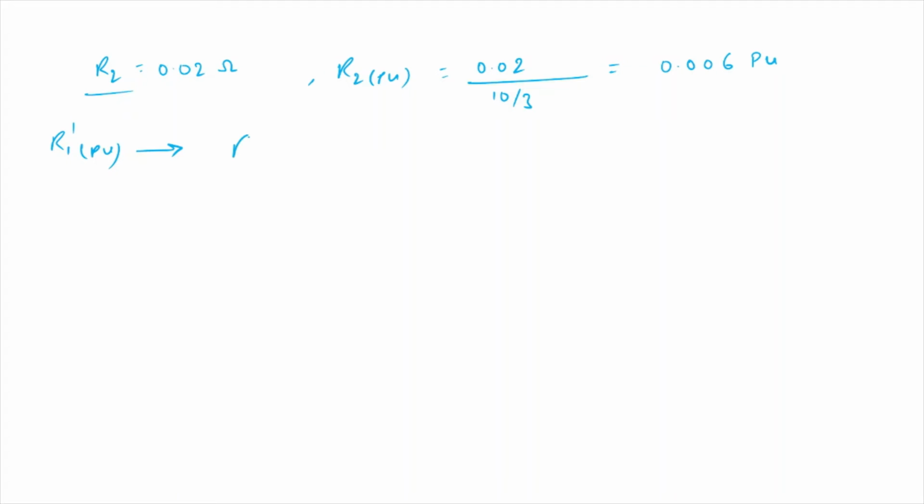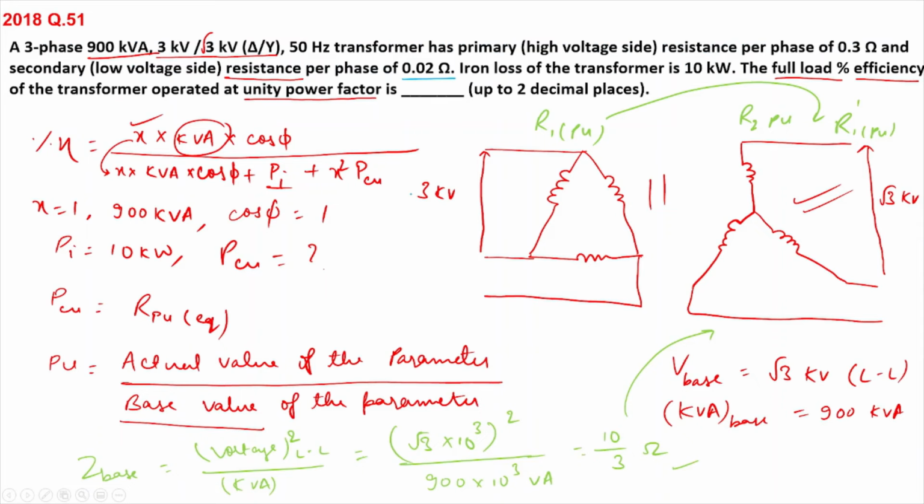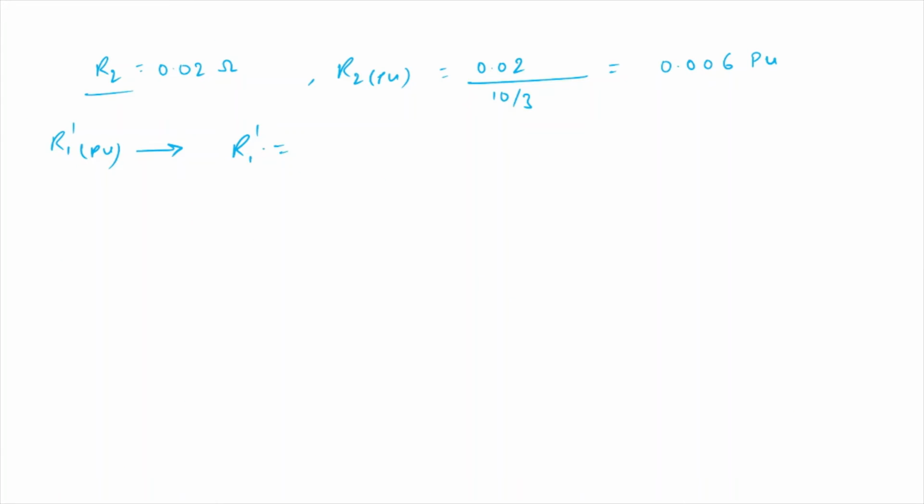Okay. Now we will see R1 dash per unit. For that, we will calculate R1 dash first, and R1 dash would be nothing but R1, and R1 is 0.3 ohm. So here it is 0.3 into V2 phase divided by V1 phase, that is nothing but the turns ratio.